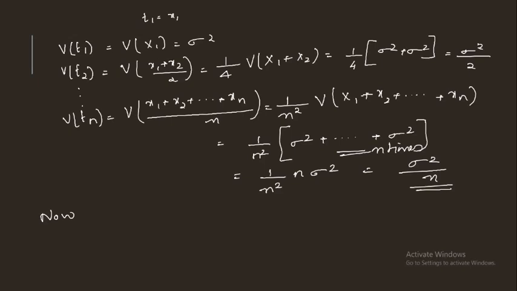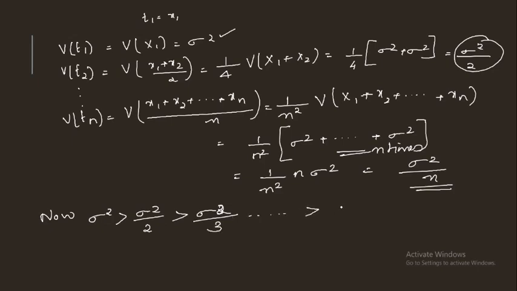Here the variance of T1, sigma square, is definitely greater than sigma square by 2, right? And sigma square by 2 is greater than sigma square by 3, and so on.